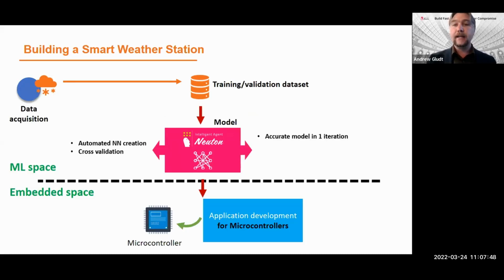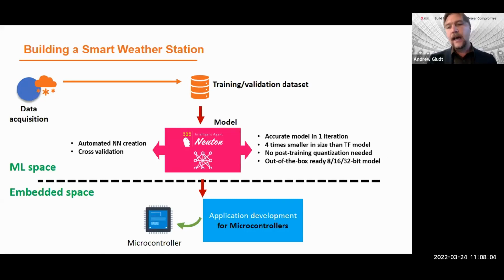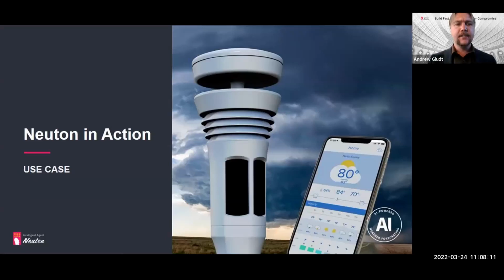We can create this model in one iteration, in fact create a model quite a bit smaller than the TensorFlow model, and there's no post-training quantization needed. And the solutions are all out of the box ready to go for 8, 16, and 32-bit as well. So let's take a look and see Neuton in action, of how we would want to create the model leveraging our platform.